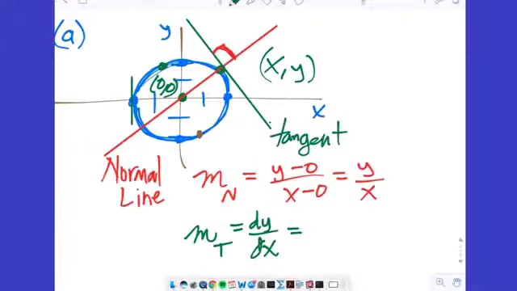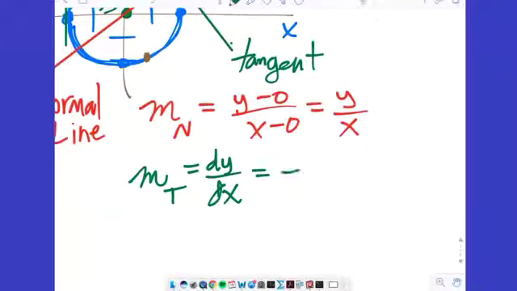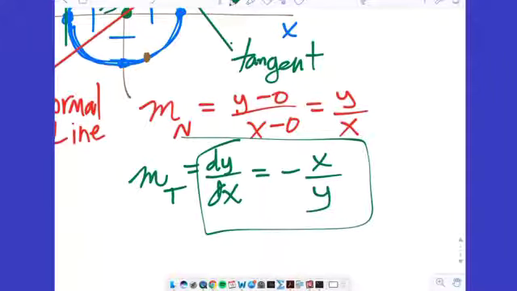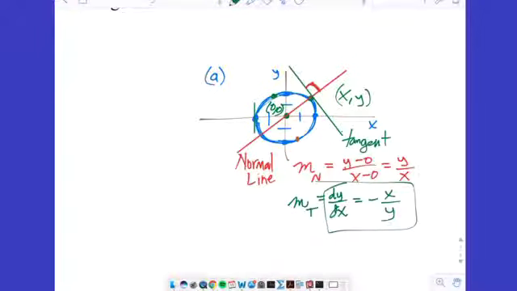And since the tangent line is normal to the normal line, we know the slopes are opposite reciprocals of each other. And what's the opposite reciprocal of positive y over x? Negative x over y. And that's a pretty nifty way to get the derivative without using calculus.